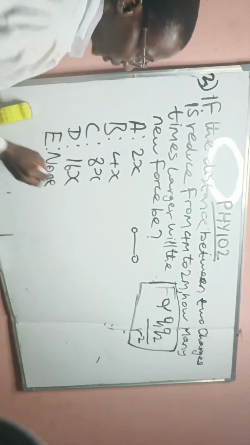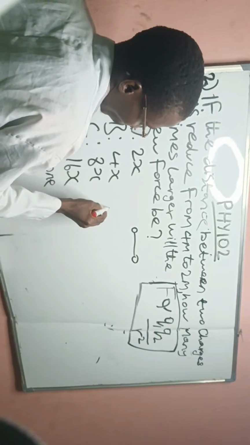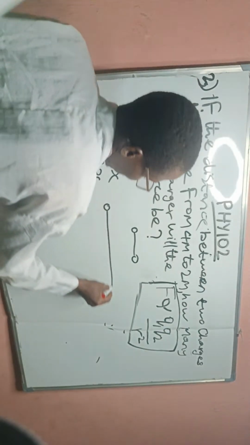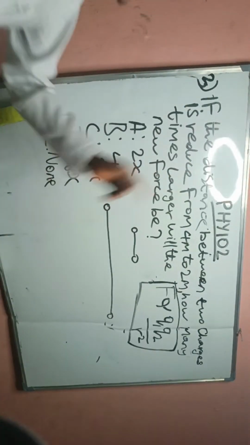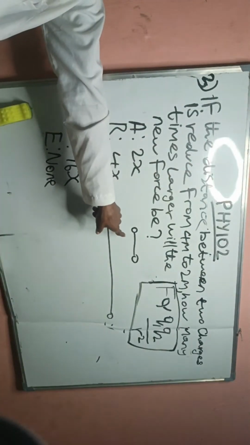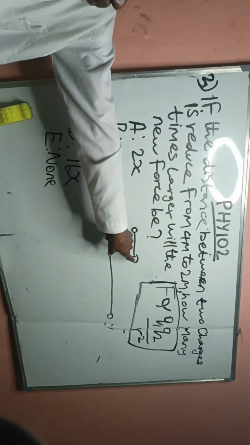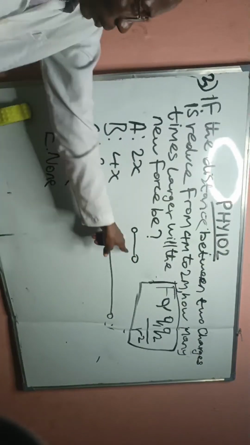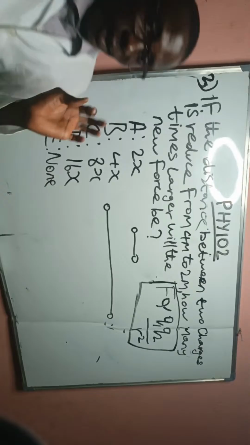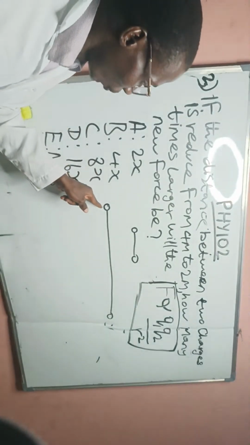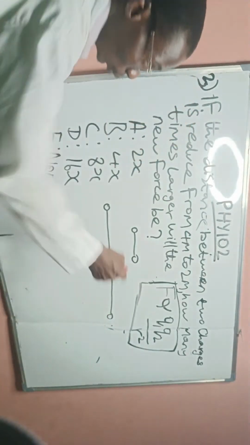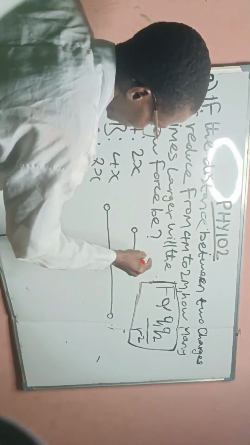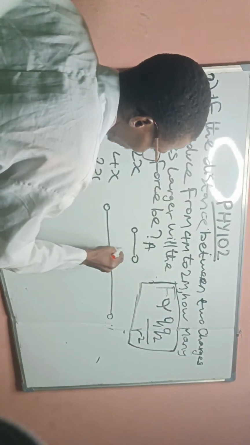This is a point, this is another point. As you can see, this is point 1 and this is point 2. From this to this is known as a distance. Let's say for instance this is for A and this is for B.